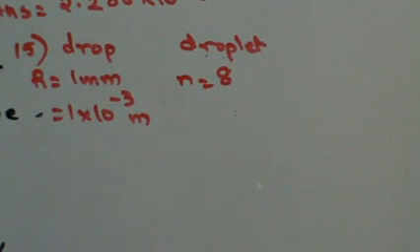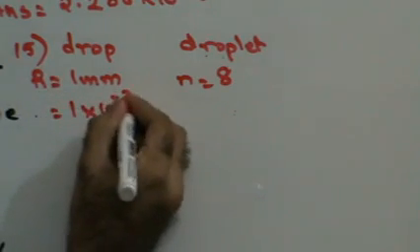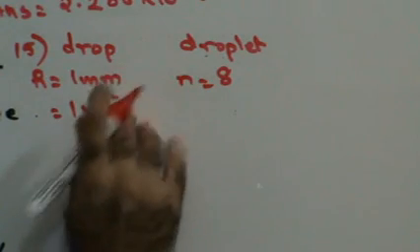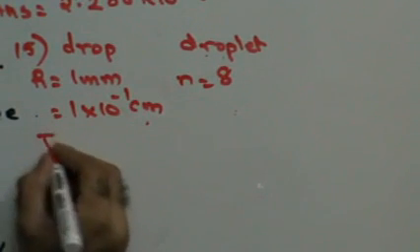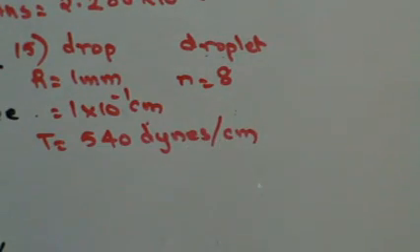Find the amount of energy needed if the surface tension of mercury is 540 dynes per centimeter. Replica of the previous sum.